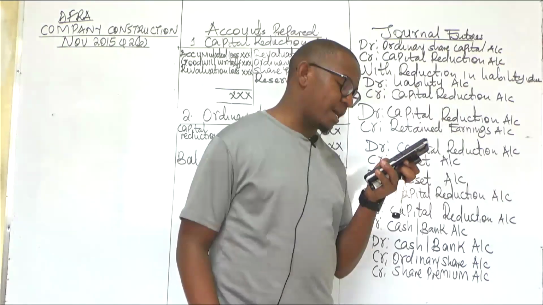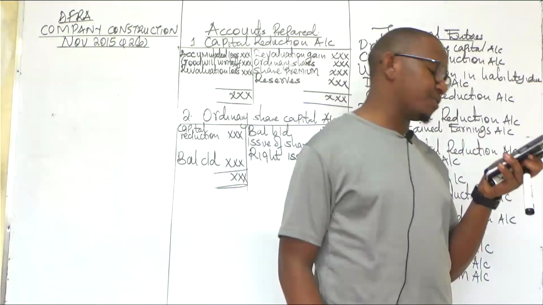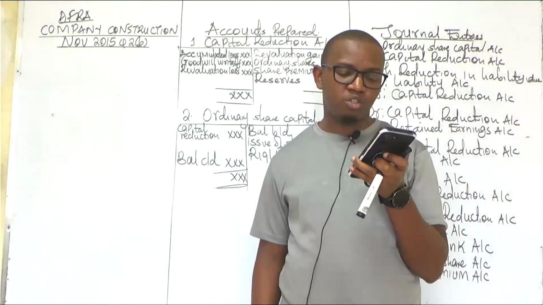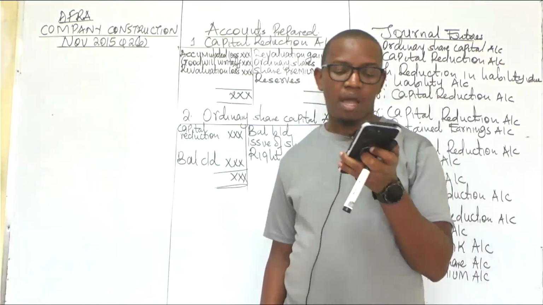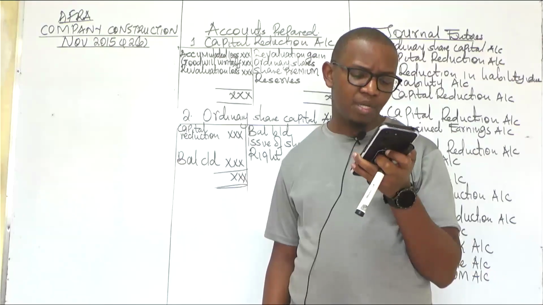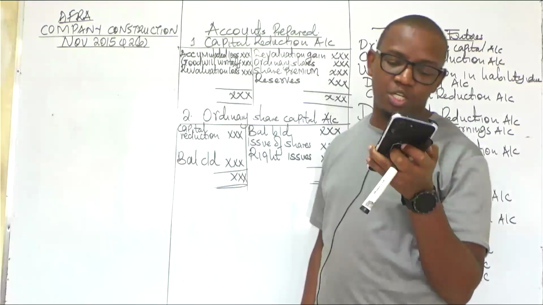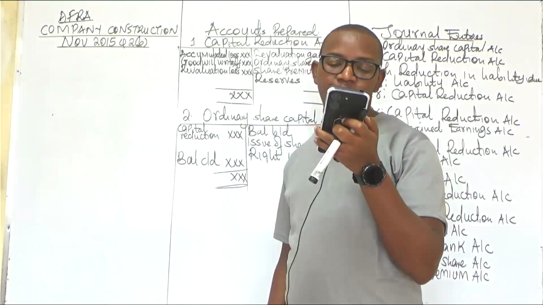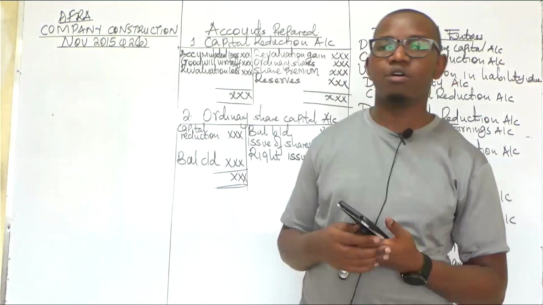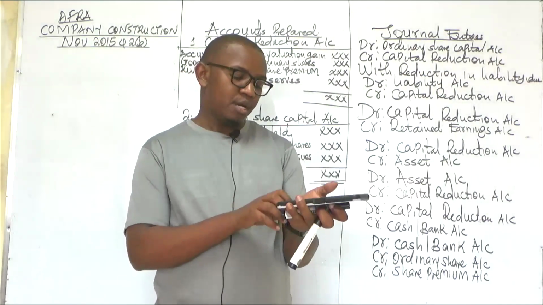You are required to prepare the revised statement of financial position of Tabu Limited as at 1st January 2015 after conclusion of the proposed scheme of reorganization, with a report to the group of dissatisfied shareholders advising on whether they should accept or reject the scheme of reorganization. That is the question.